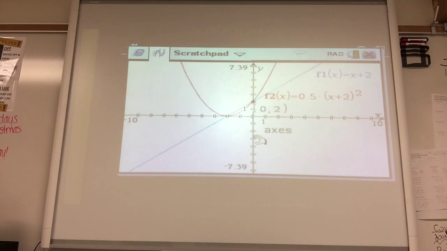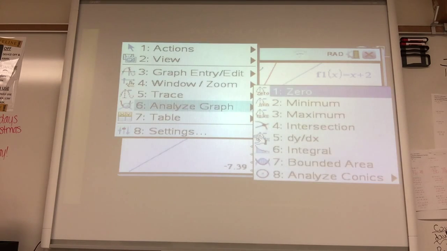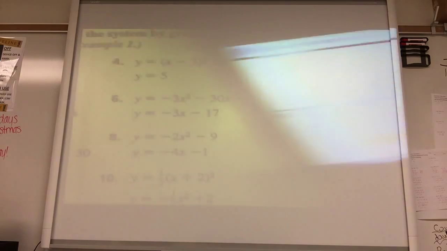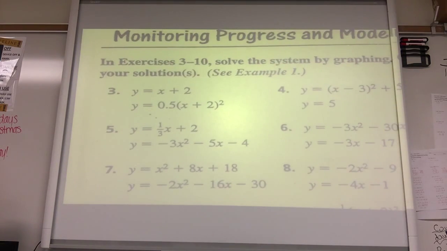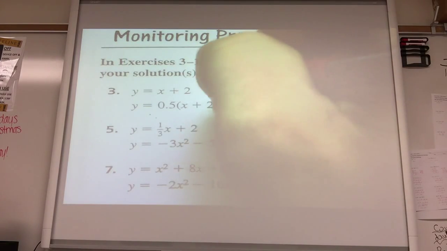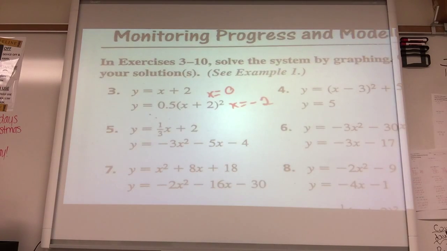And the other solution is going to be, I'm guessing, at negative 2. But let's just find out. Yeah, (-2, 0). Okay, so my two solutions for this system that we just graphed are at x equals 0 and x equals negative 2. Those are my two solutions, and it's as simple as that. You're just graphing it and finding the intersection point.